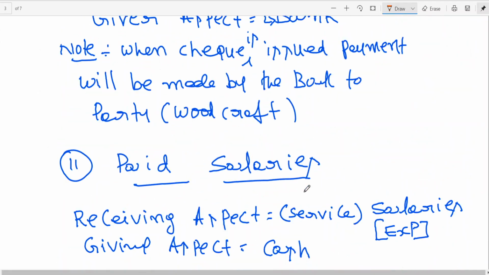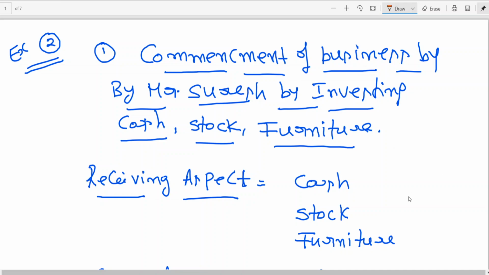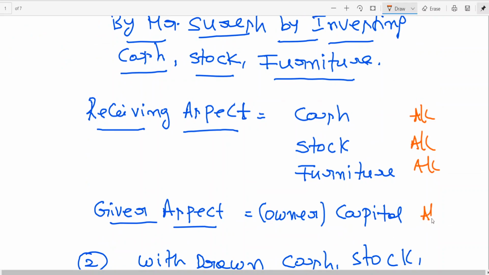You can see here, today's class I have started here. First, let me put A by C, then you will understand. Account we indicate with A by C, here capital A by C. Okay, my dear friends, now you can see. How many aspects are there? Only 2, receiving aspect and giver aspect. But how many accounts are there? 3 accounts: cash account, stock account, furniture account.